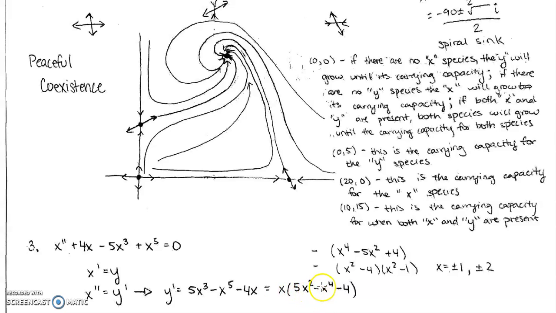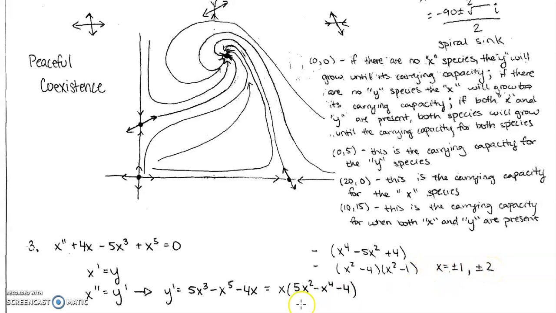That then goes down to this, which we can pull a negative out of. We get this thing, and then magically it factors to x squared minus 4 and x squared minus 1, which are all differences of two squares, which gives me x plus or minus 1, x plus or minus 2.